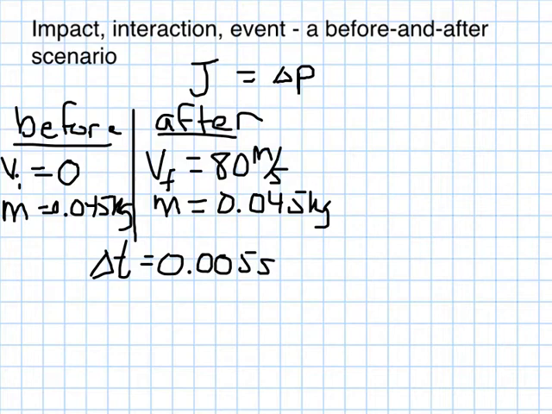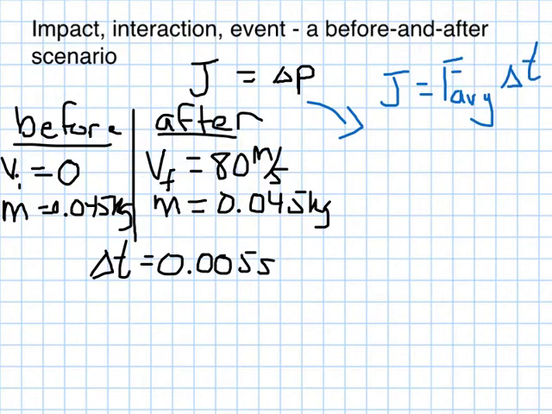So now it's time to dissect our equation a little bit. What does this equation turn into? We can expand it. So J, impulse, we can describe in terms of the average force times delta time.